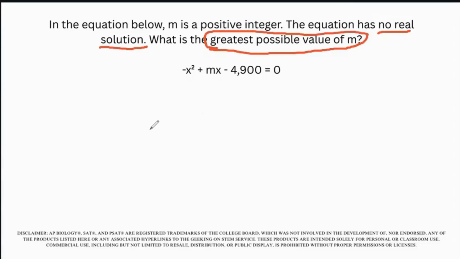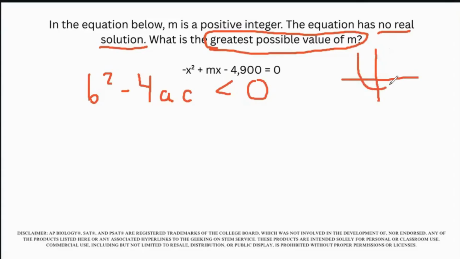And what that essentially means is that you're going to have a discriminant that's less than zero. So you have to remember the equation b squared minus 4ac as your discriminant. And because it's no real solution, it's going to be less than zero. The way that you can remember this is if you have a quadratic and it's greater, it's going to have two solutions, right?